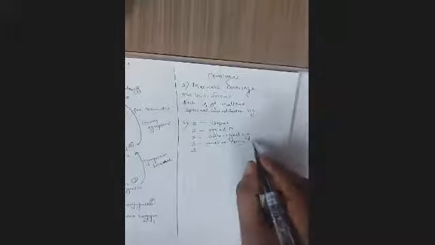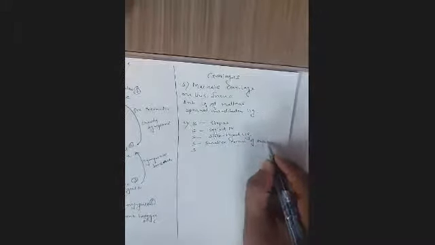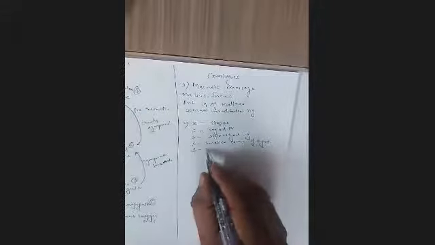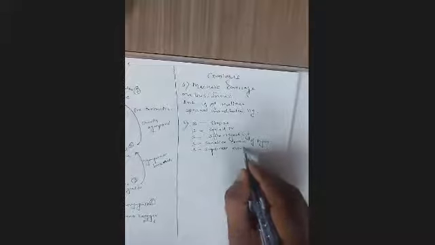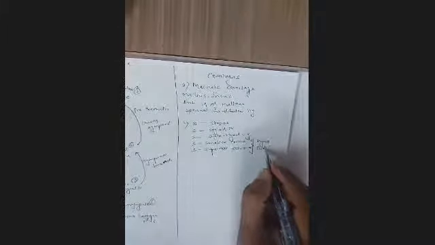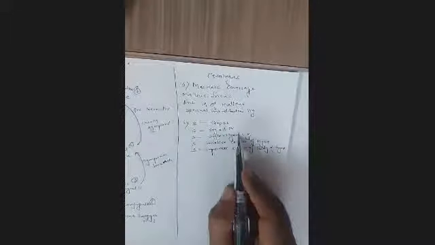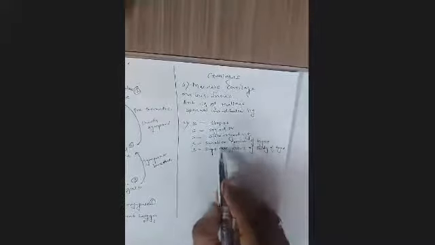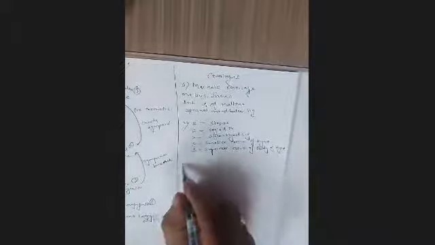The hyoid has a greater cornu and a smaller cornu. So the smaller cornu of hyoid, and also the superior part of the body of hyoid. Okay. So stapes, styloid process, stylohyoid ligament, smaller cornu of hyoid where the stylohyoid ligament is attached, and superior part of the body of hyoid.